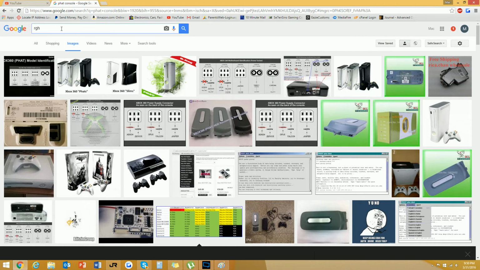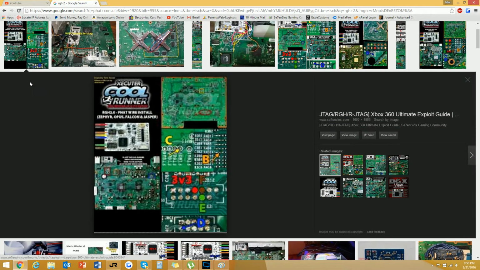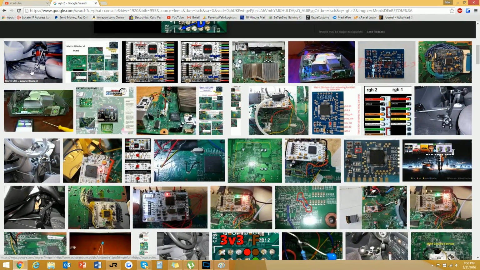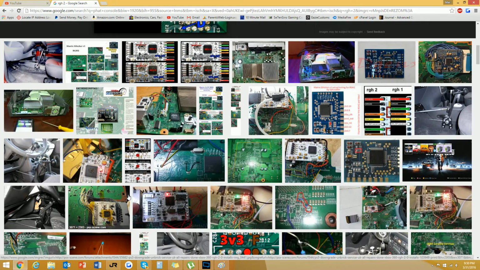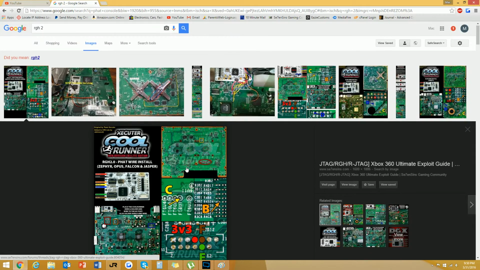And let's just do RGH2. RGH2 was a whole other story. Let's just say it was a bit more complicated, and there were a lot more problems because we didn't know what the hell we were doing. With RGH2, you were not able to get your CPU key with one of the Cool Runners.